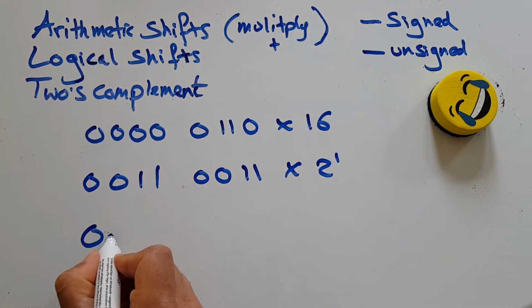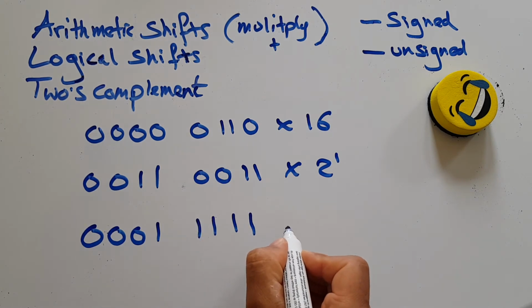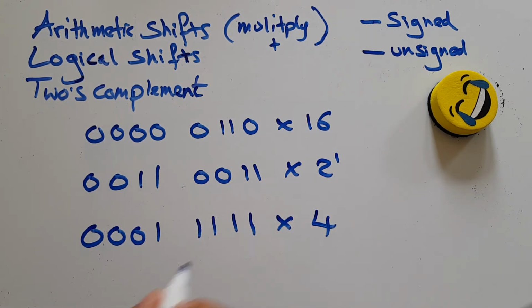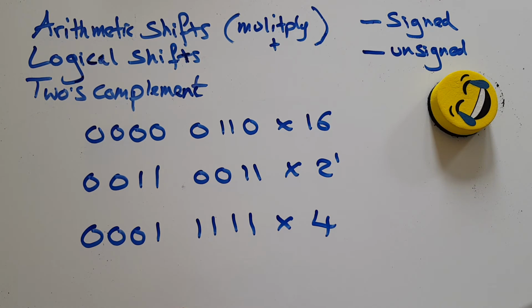And 0, 0, 0, 1, 1, 1, 1, 1, and we'll multiply that by 4. Okay, so grab a paper and pen, have a go at these, press pause on the video, because here come the answers.